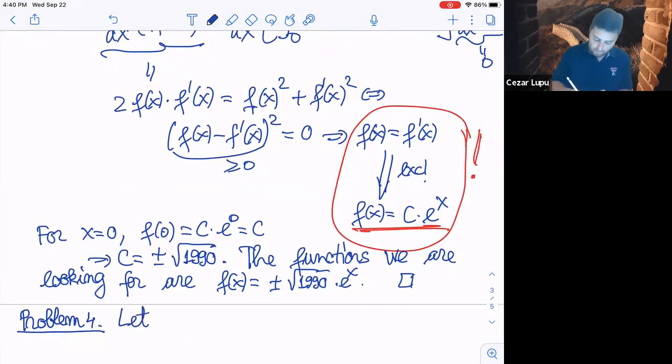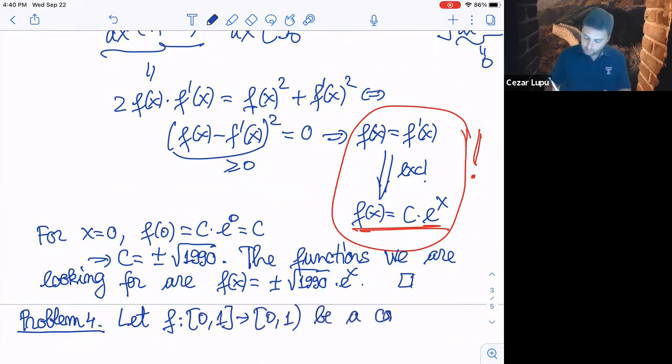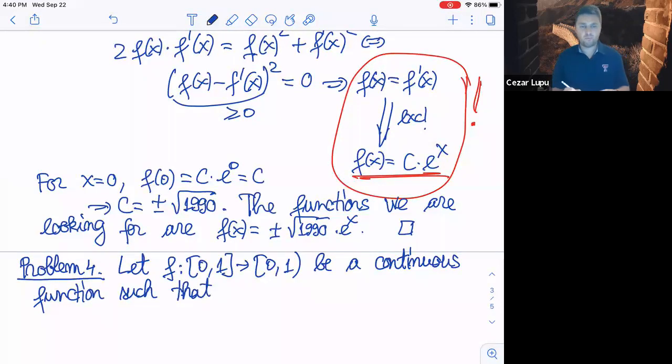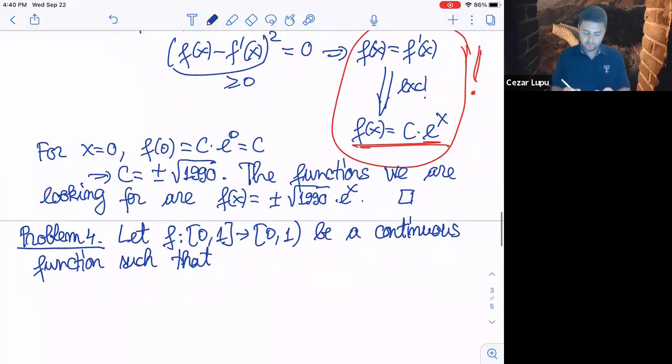So let's just consider a function f defined on [0, 1] with values in [0, 1), open at 1, be a continuous function such that the following rather weird condition holds.